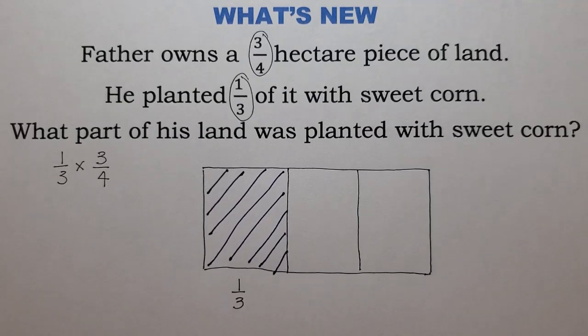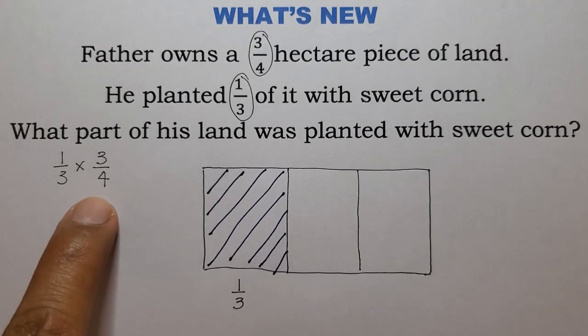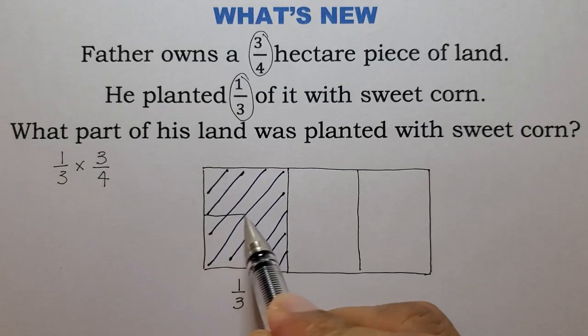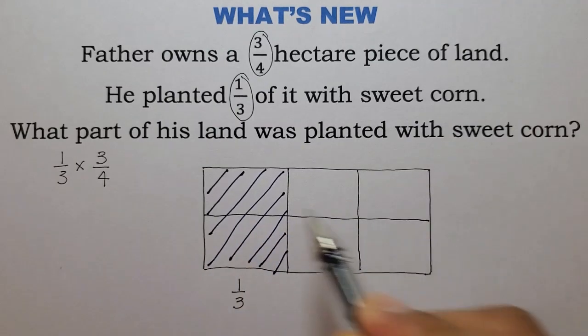The next thing that we have to do is also to show 3/4. And to show 3/4, I will use this portion and I will divide this portion into 4 equal parts.